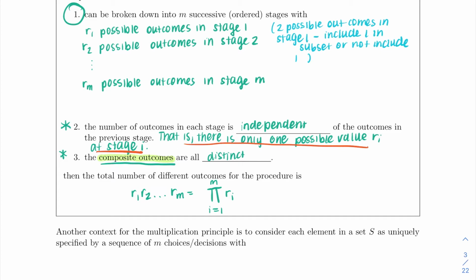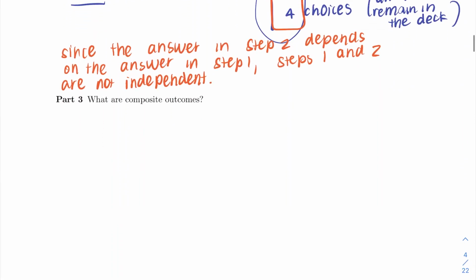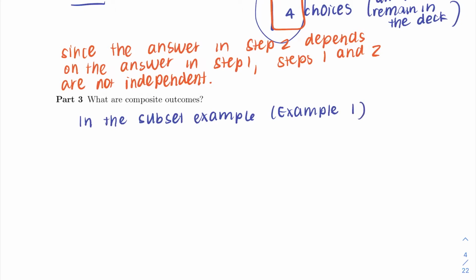Okay, now let's talk about composite outcomes. What are the composite outcomes? In the subset example we did earlier, which was example 1 and 2, the different subsets were the composite outcomes.